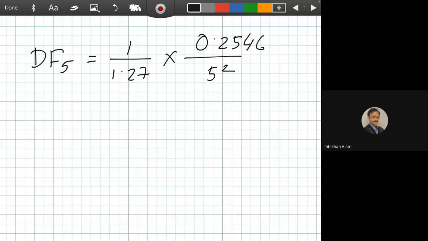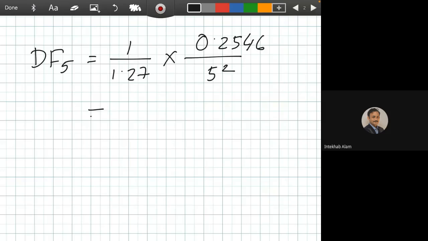For the third harmonic it was 0.4244. For the fifth harmonic it is 0.2546. So what will be the value? 8.01 into 10 to the power minus 3.